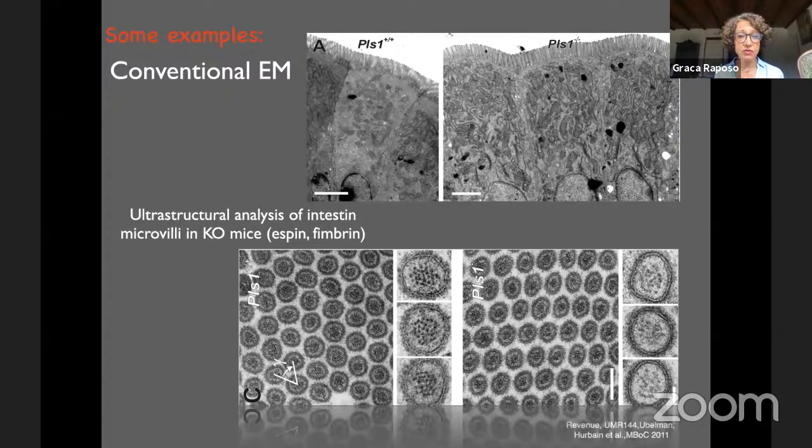There are knockout for some cytoskeletal proteins like aspin and fibrin. And you can even measure, on the bottom, you see the microvilli that were cut on the other sides, because you can always orient your samples. So you can have your nice epithelium, or you can cut your villosities on the other side, and then you can see the organization of the interior of these microvilli.